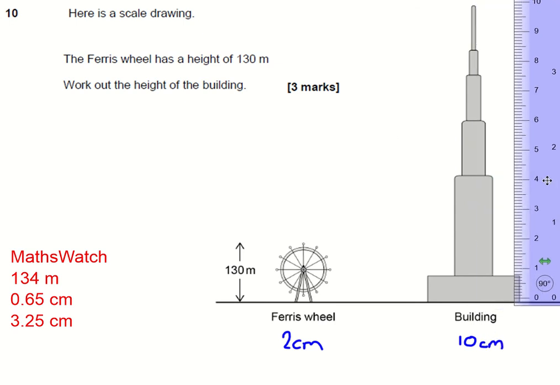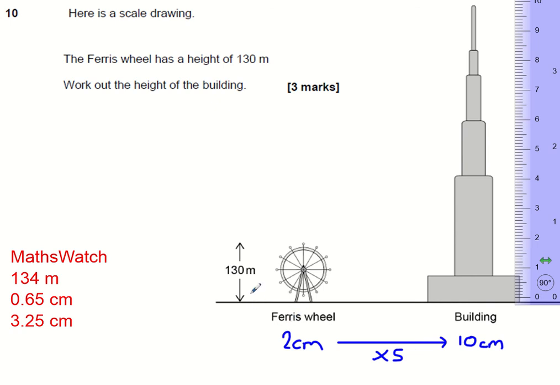So we've got 2 measurements and we need to figure out how much taller the building is than the Ferris wheel by saying what do we do to the number 2 to turn it into the number 10. 10 is 2 multiplied by 5. 2 times 5 is 10, which means the building is 5 times bigger than the Ferris wheel.